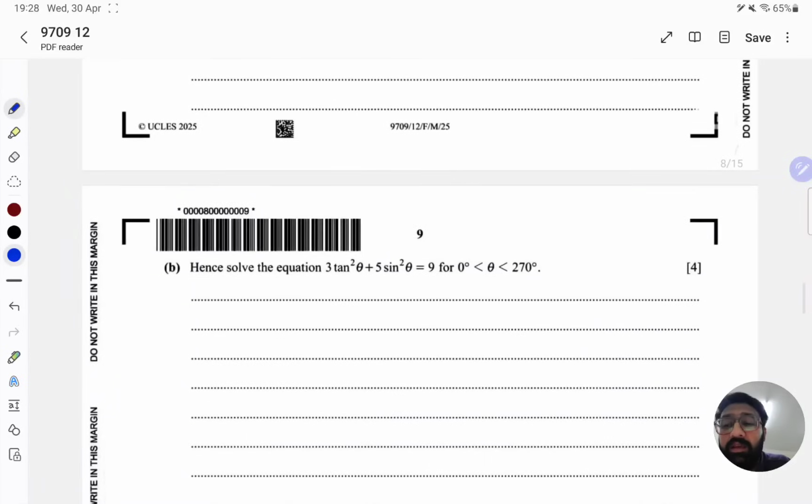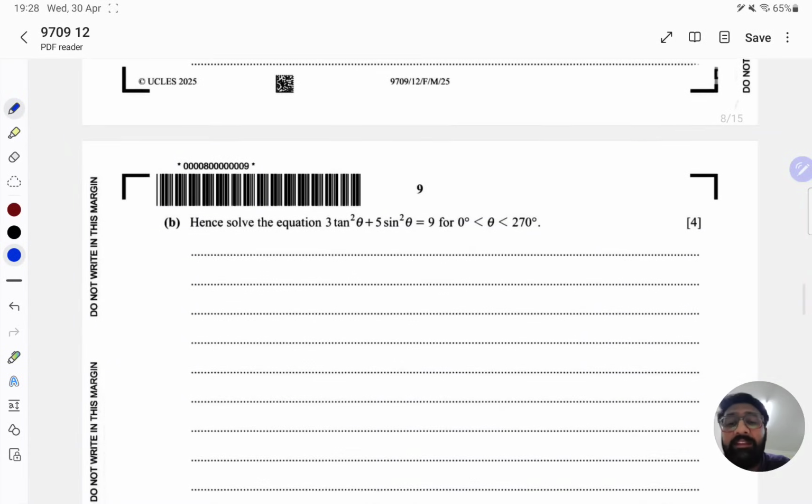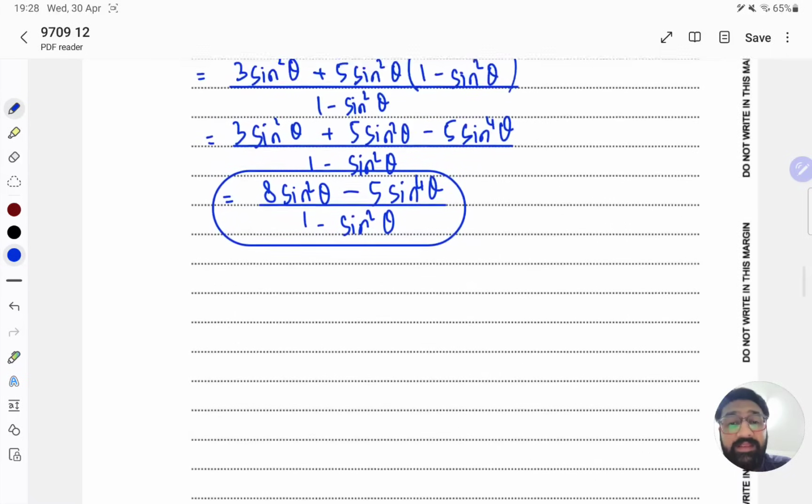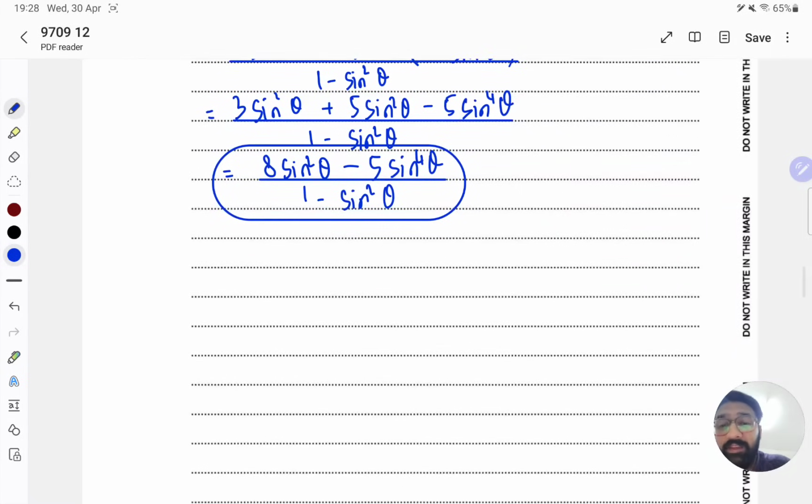Okay, the B part says hence solve the equation. I hope you remember that whenever we see hence, it means that we need to take the working from the previous part to solve it. So the working that we have just identified is this working. Let me copy.